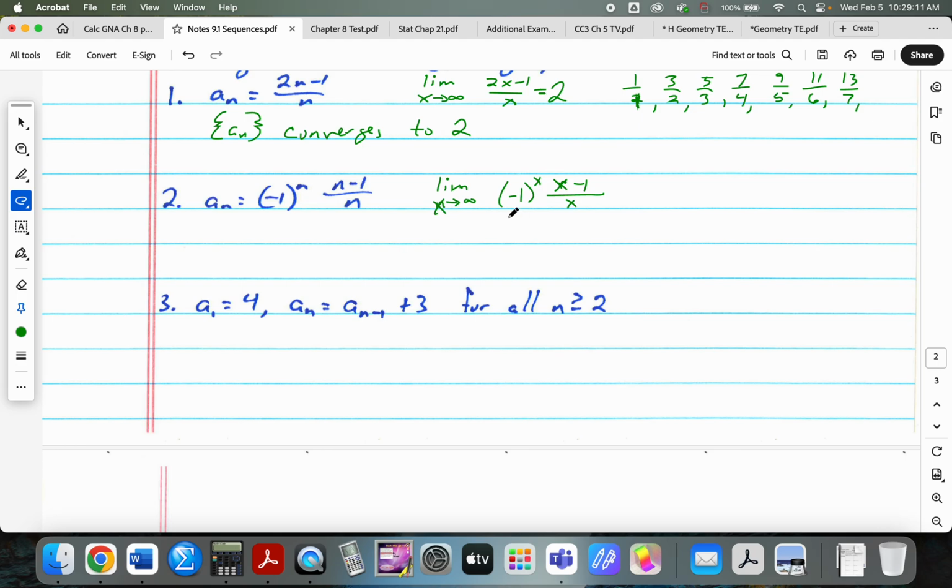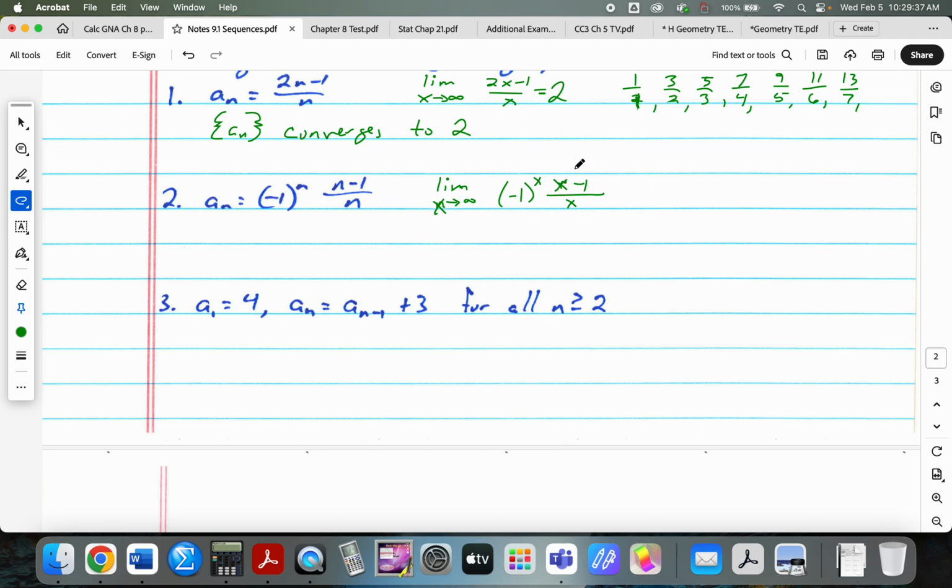As you're increasing, and think about just doing whole numbers for a moment, 5, then 6, then 7, then 8, then 9, then 10, et cetera, what's going to happen with this? Yeah, it's going to alternate between -1 and +1, right?